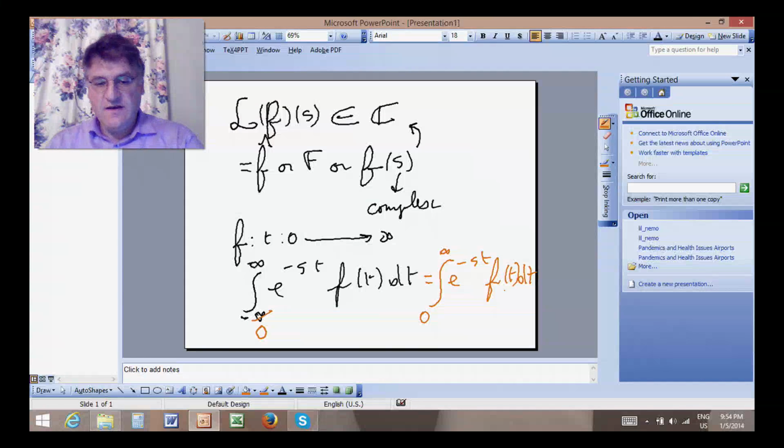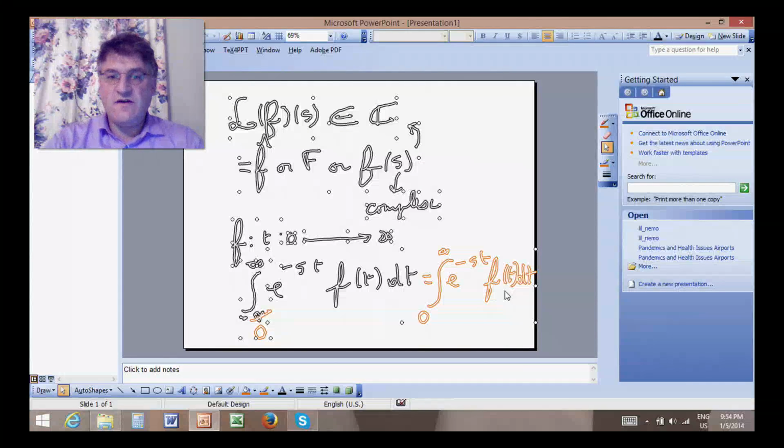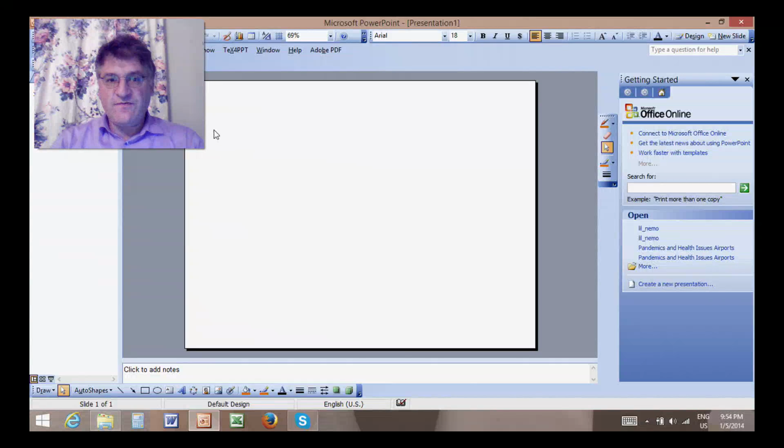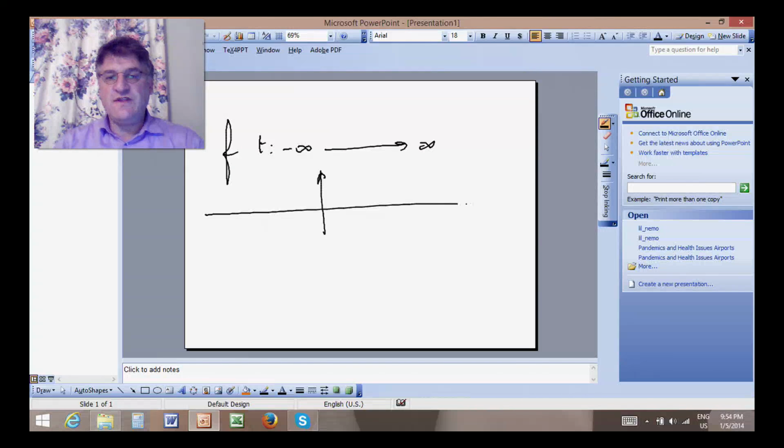However, sometimes we will encounter functions f that take t going from minus infinity to infinity. Such functions exist. I can plot their graph like this, and they are just functions that have no beginning and no end.